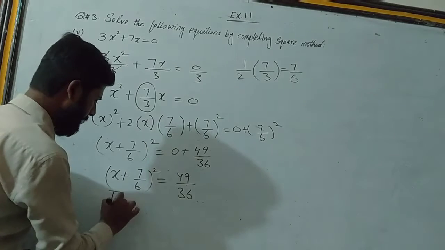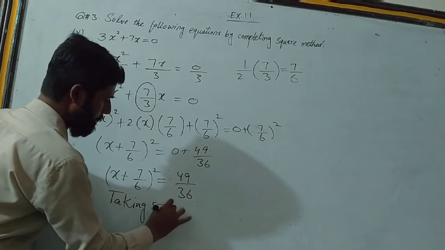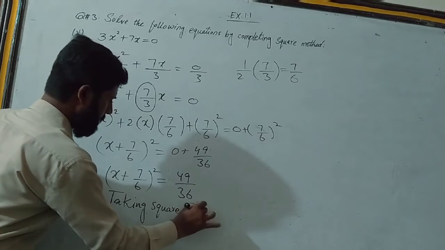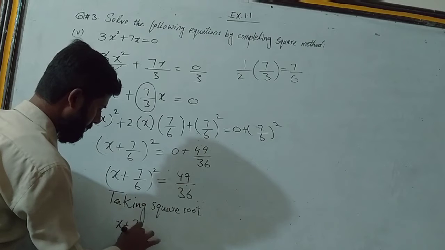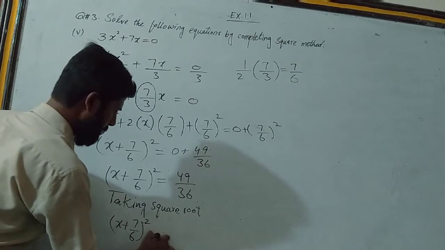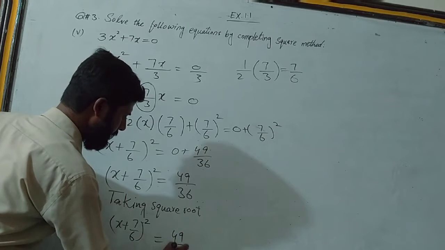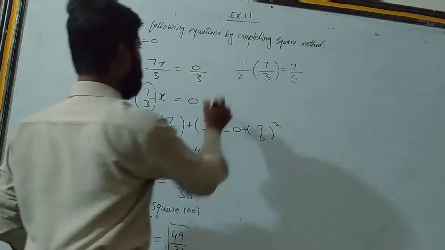Now we have to simplify it. For that we will write here taking square root. Now we will take the square root on both sides. X plus 7/6 whole square is equal to 49/36, square root of this. Square will cancel with the square root.